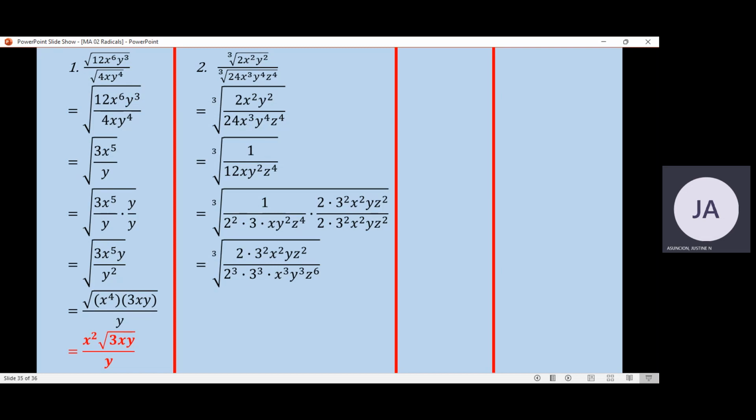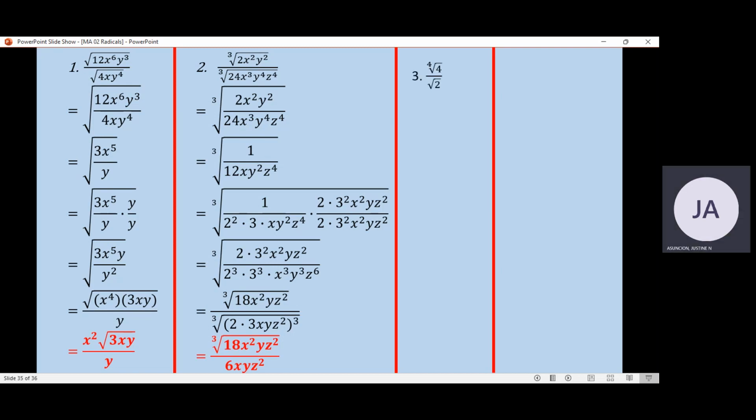Okay, so we can now simplify the denominator. So that's the cube root of 18x squared y z squared, so we have 6xyz squared in our denominator. Okay, so as we divide this, we have the cube root of 18x squared y z squared all over 6xyz squared.